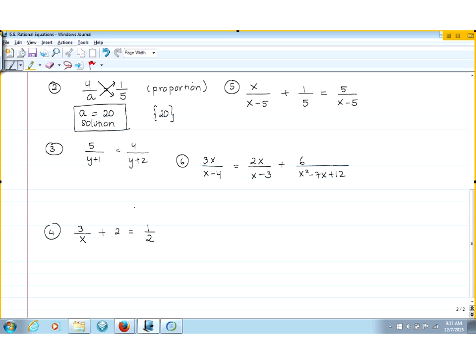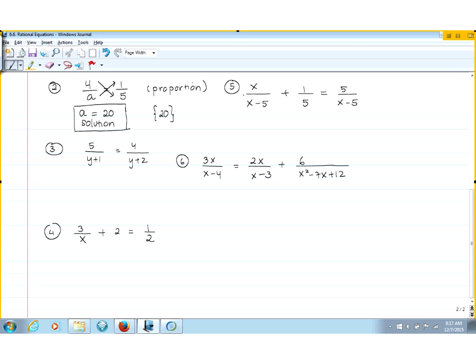No, this is not a ratio equals a ratio, so what do we have to do here? We have to multiply by the LCD. What is the LCD for number 4? 2x. Yes. So for number 4, the LCD is 2x. So we will multiply both sides by the LCD.